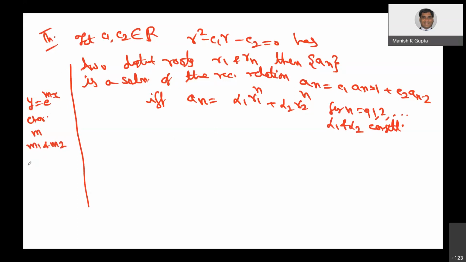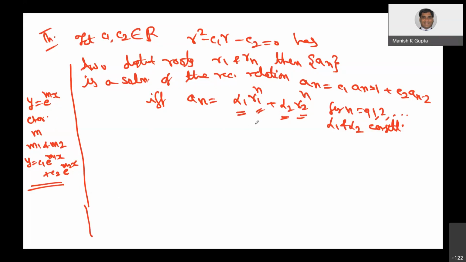If these roots are distinct, the solution was y = c_1 e^{m_1 x} + c_2 e^{m_2 x}. In a similar fashion here, the constants are alpha_1 and alpha_2, and the terms are r_1^n and r_2^n. Okay, so slightly different, but almost similar technique.